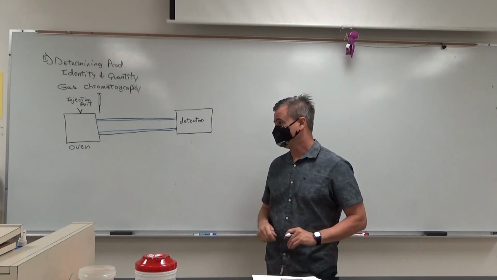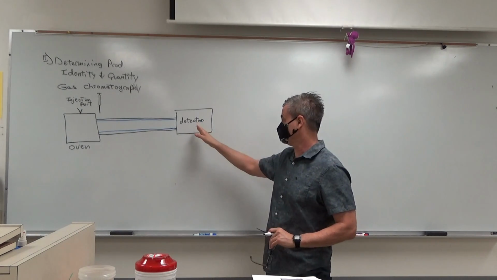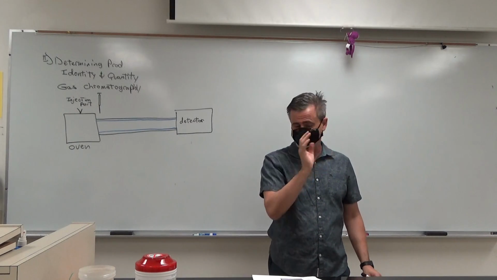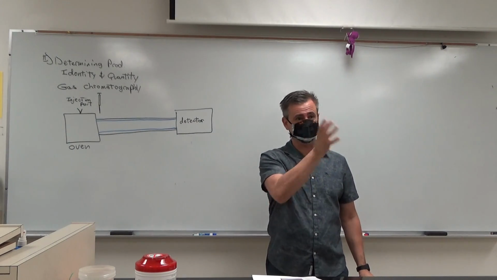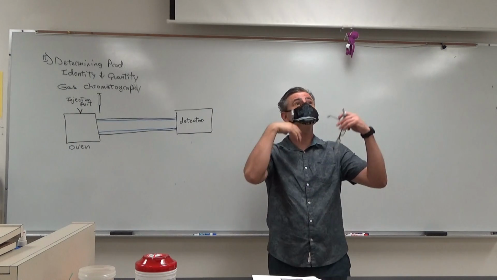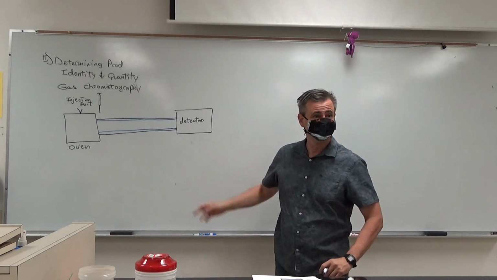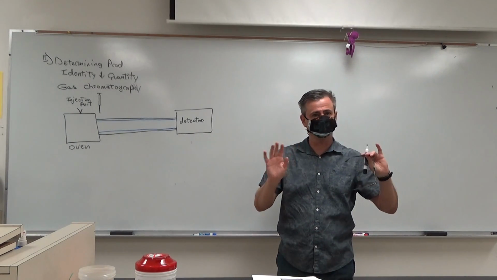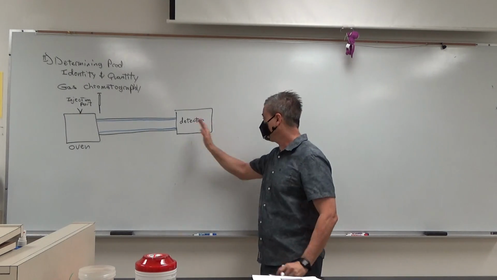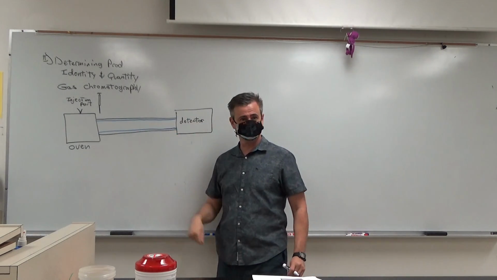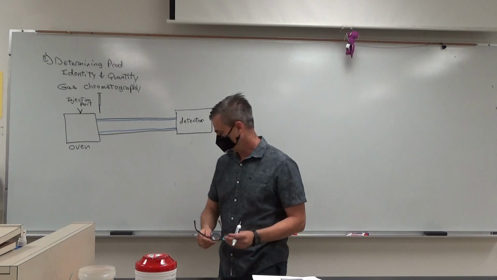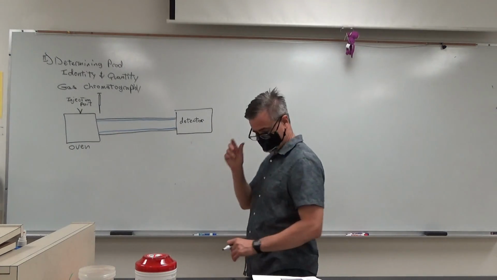The one upstairs actually, every instant, is taking a mass spec, so it's using a mass spec as the detector. But we don't need to wrap our brains around that part right now. We can just say there's something here that tells us when something comes through the column.